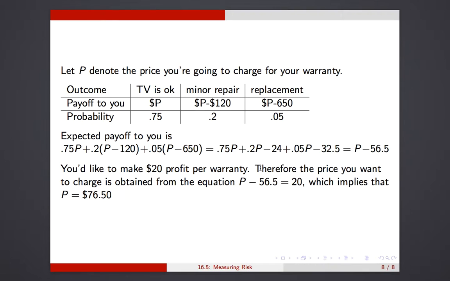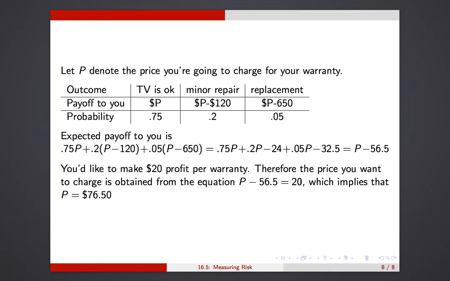And so in the long run, everything will balance out, and we'll end up just charging people $76.50 for this warranty. So we need this expected payoff to be $20 per warranty. That's why this equation here is true. If I wanted to make $10 profit per warranty in the long run, I would have put a 10 right here.